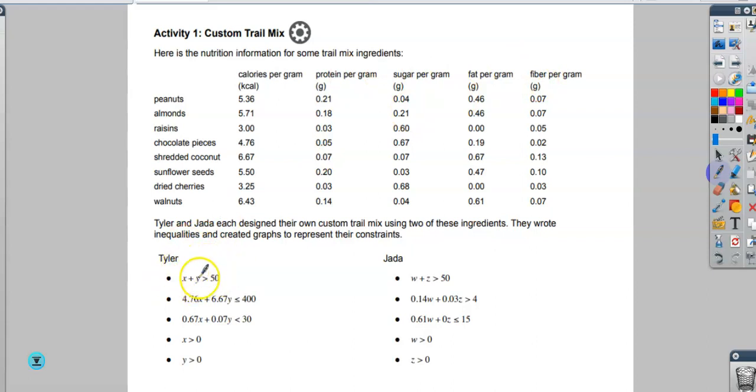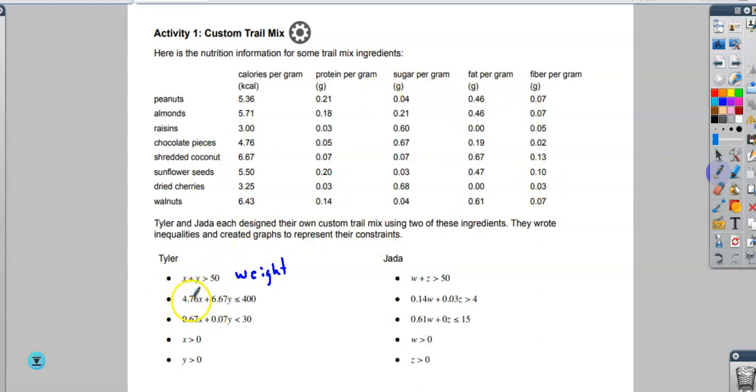So this is telling me that the trail mix they want is going to have more than 50 grams. They want to make trail mix with more than 50 grams of ingredients. So this is just the weight of the trail mix. It doesn't give us the ingredients. We just know we want the weight to be more than 50. But this one comes from these ingredients somewhere.